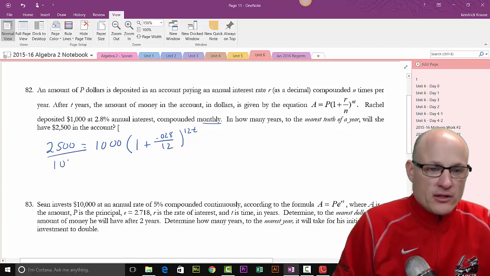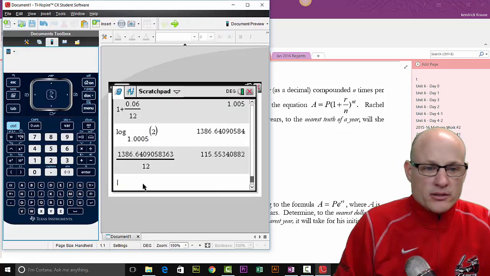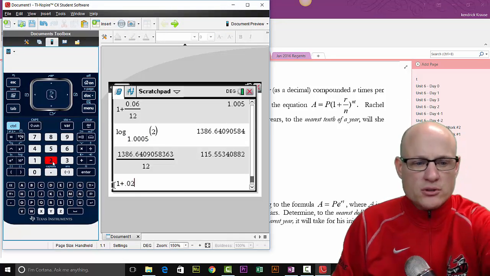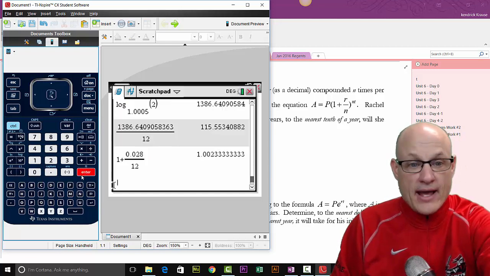So this is over 1,000. That's 2.5. So 2.5 equals 1 plus 0.028 divided by 12.